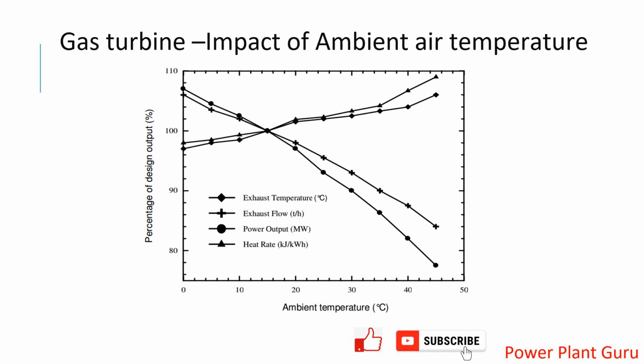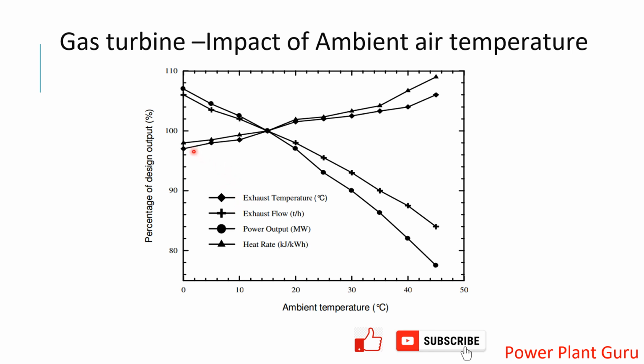People know that it changes, but how exactly it changes and what the components of it are, we will talk about in this video. If you see, there are several different lines taken here. This one is exhaust temperature.